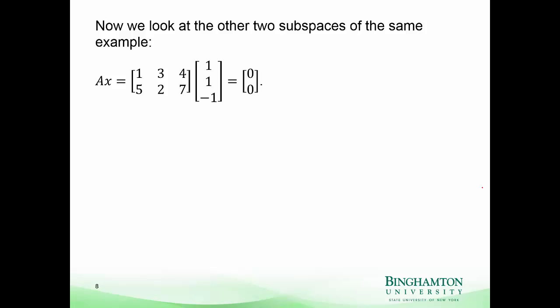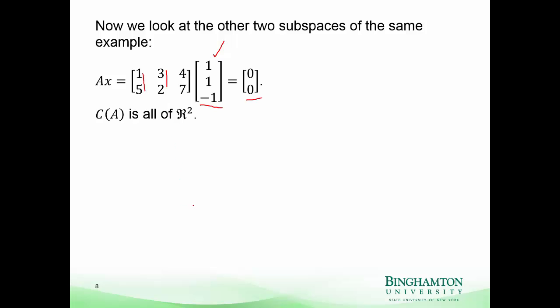So let's look at these other two subspaces for this same example. Here we're just showing that same A operating on the vector x that gives us 0. So this is the basis vector of the one-dimensional null space. The column space, though, is all of R2, because we can see that 1, 5, 3, 2 are definitely linearly independent.